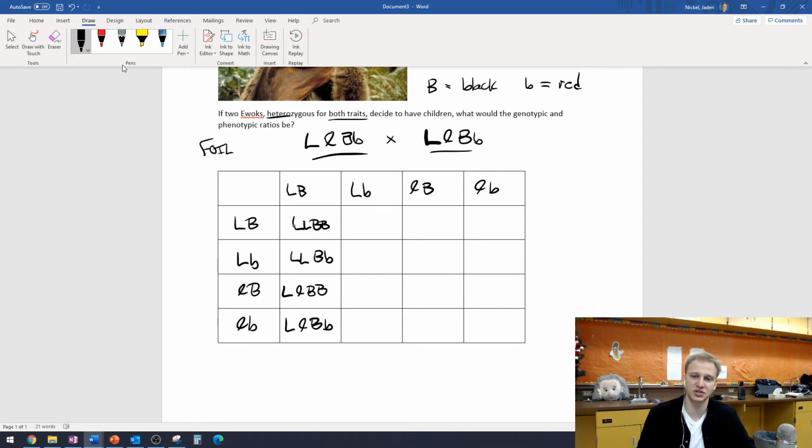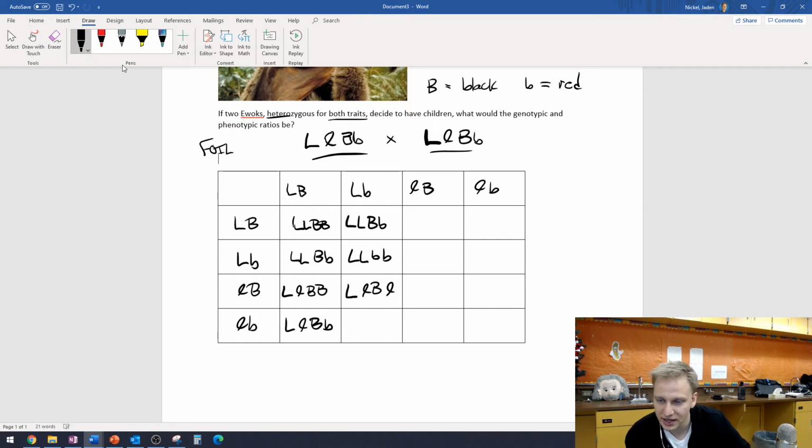Now we can see that we're starting to fill in each of these different columns.